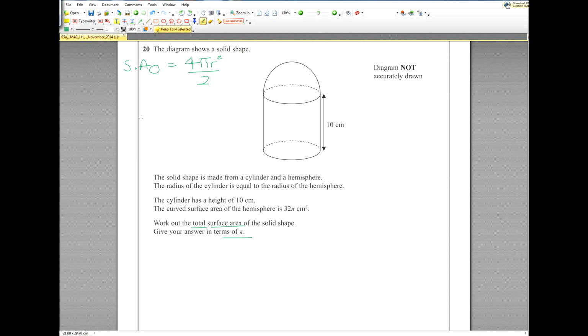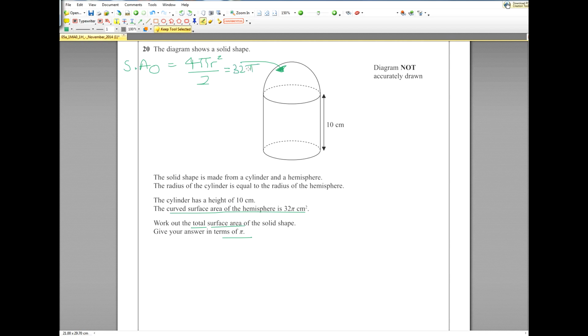It says that the curved surface area of the hemisphere is 32 pi centimeters squared. So they have actually given us the area of this part. So all of this is equal to 32 pi.